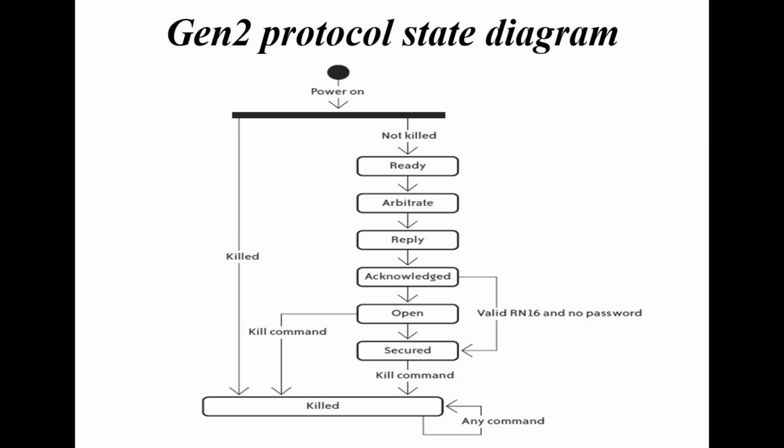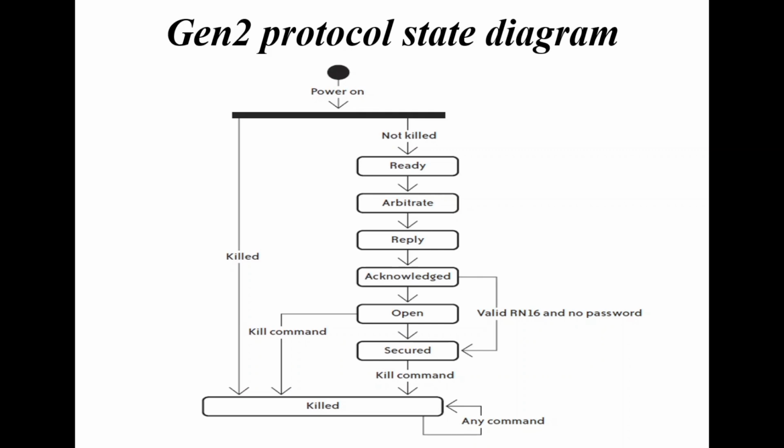The reader can issue read, write, lock or kill commands. If the reader provides a valid access password, the tag transitions to the secured state. If no password is set or only a valid RN16 is present, the tag stays open.